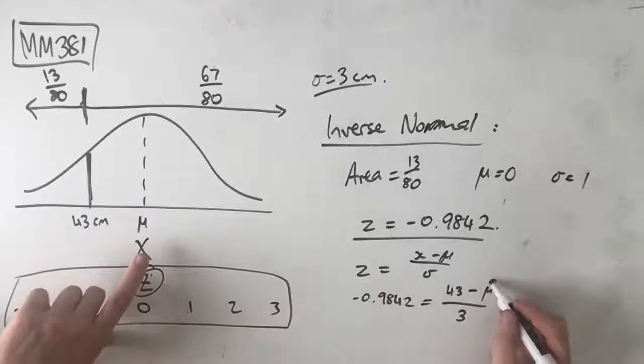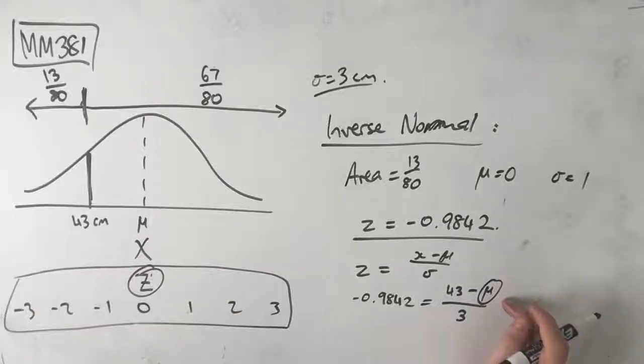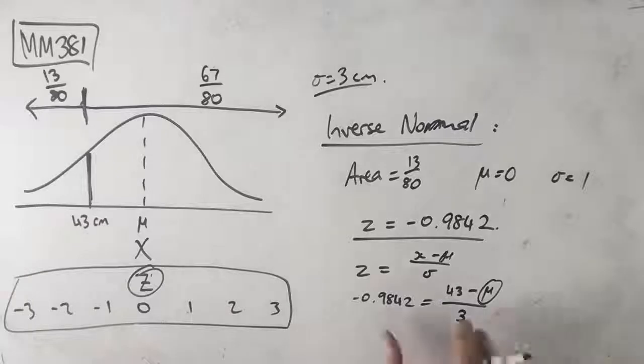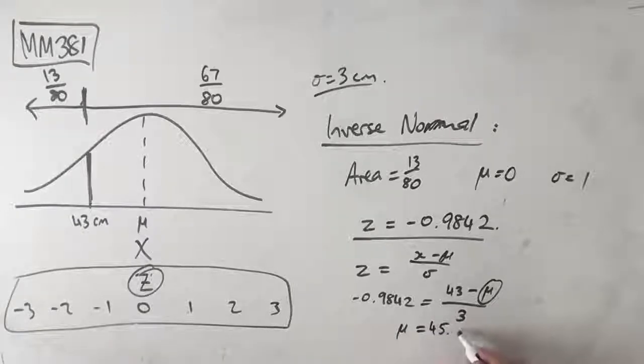So now we can see that mu is our only unknown here, which means that we're actually going to be able to solve it. So now we can just rearrange this or solve it in our CAS, whatever you want to do. And this gives us mu equals 45.95, which is our answer D.